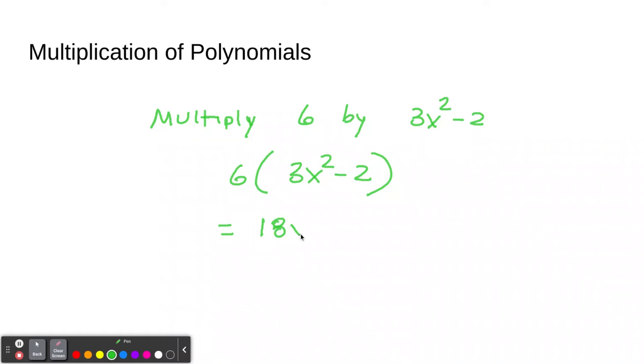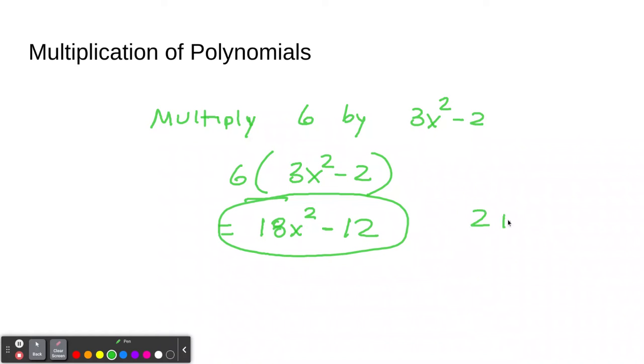Correct. 18x squared minus 12. And why can't we combine these again? This will be the final answer. We can't combine them because they don't have the same variable. In fact, 12 doesn't have any variable. So constants cannot be combined with variables, right? 2 plus y, for example, is 2 plus y. That's it.